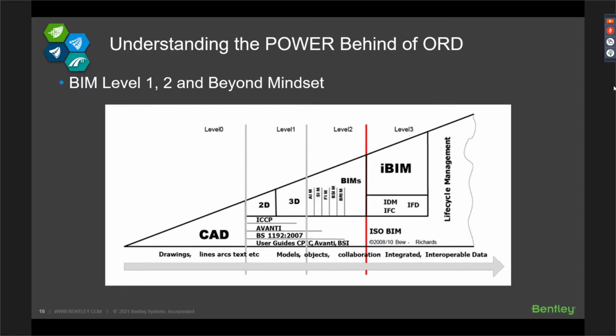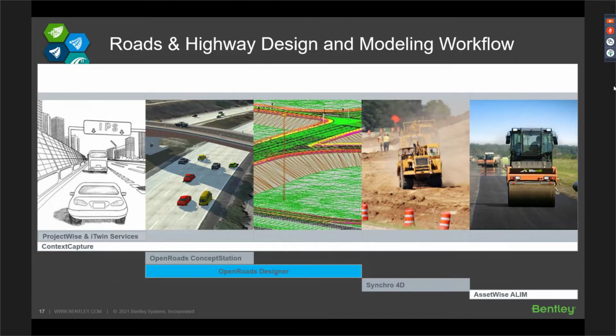Now, in line with that, this is again what a typical roads or highway design and modeling workflow looks like: from survey, conceptual design, detailed design, to construction up to the operations and maintenance.